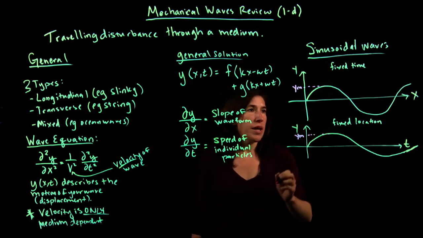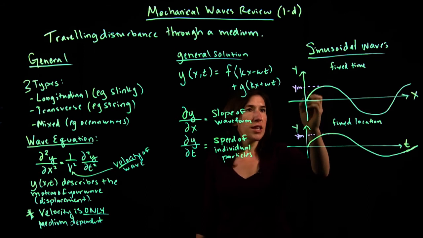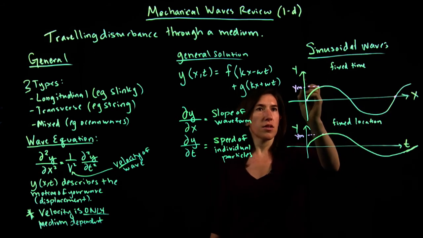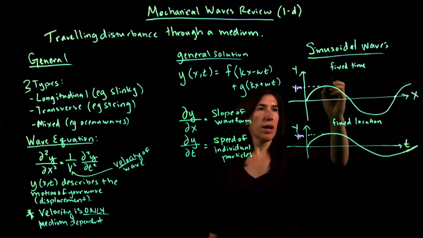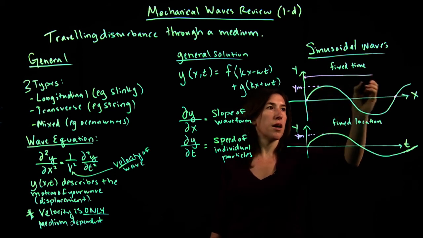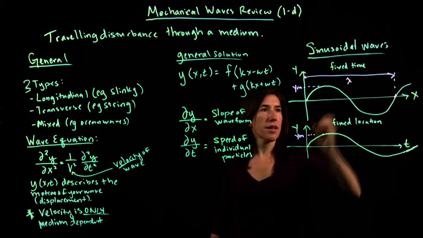In the fixed time situation, you can read off what the wavelength is. So if you look at one complete wavelength, the distance from here to here is your wavelength.